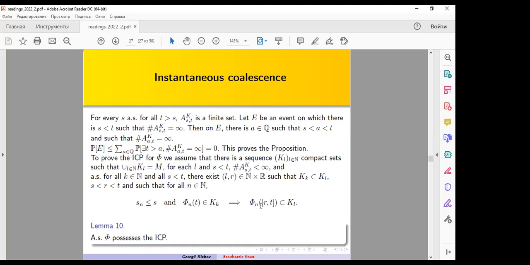Here R is independent from n, so this is really a condition. And since K_l has the instantaneous coalescence property, we can deduce that phi possesses the ICP.